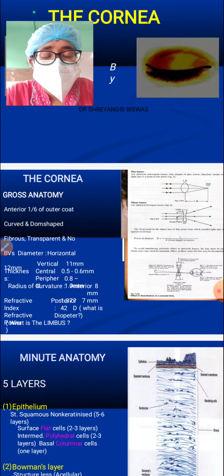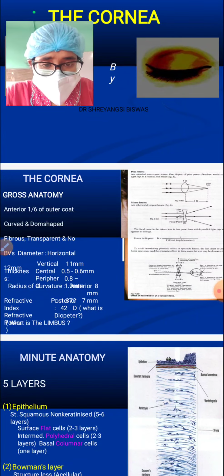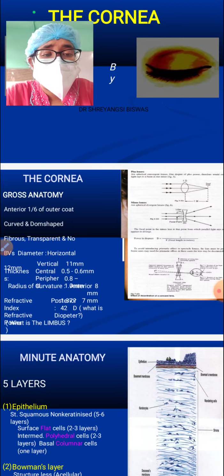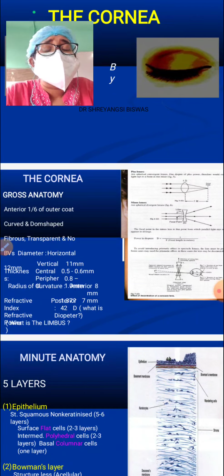So for that, you need to know the corneal diameters very well. The normal vertical diameter averages 11 millimeters, and the horizontal is 12.